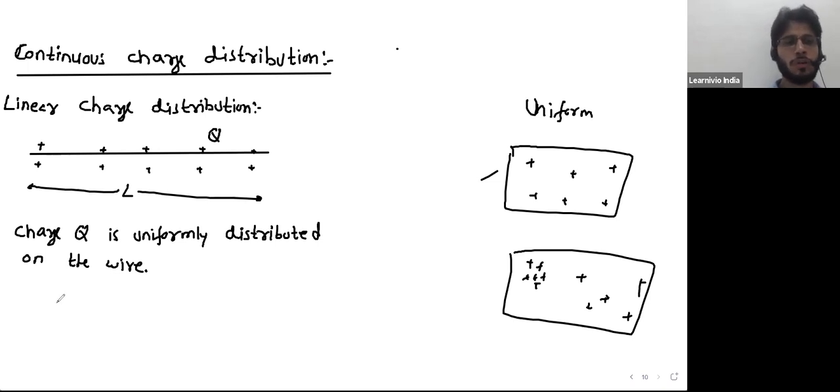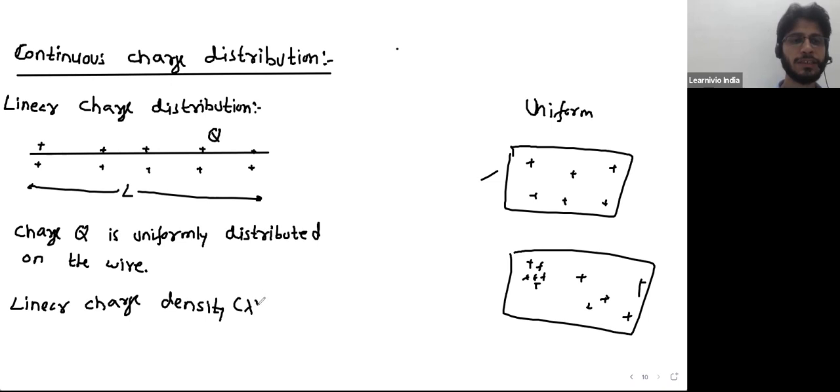Here we first calculate the linear charge density. We represent this charge density as lambda. Linear charge density simply means charge per unit length.